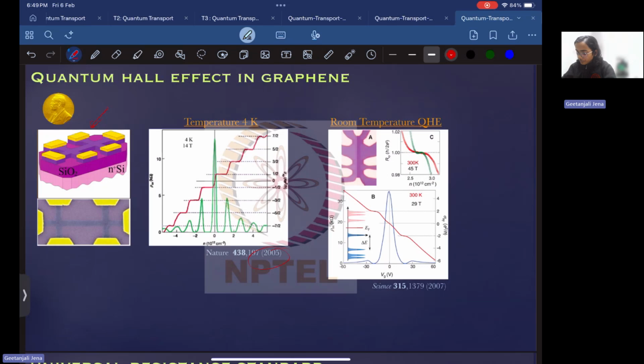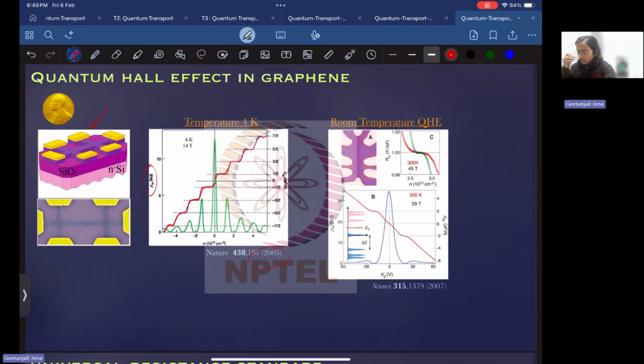If you see the resistivity, it is also changing in a step-like manner. Also, the longitudinal resistivity is showing an oscillatory behavior.